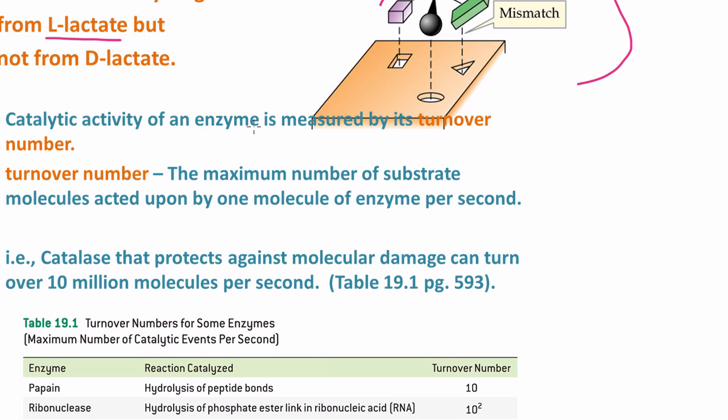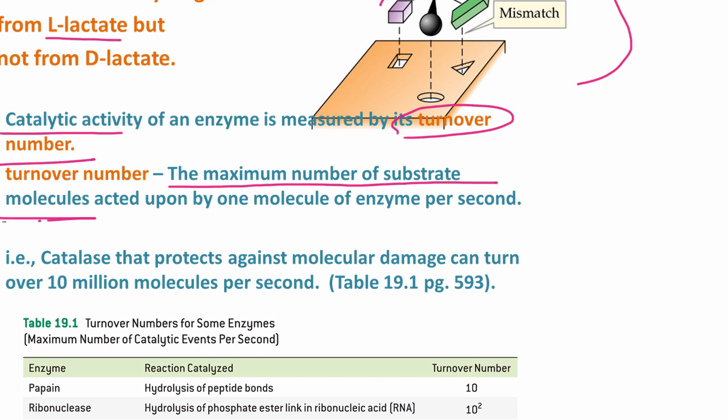We measure the catalytic activity of an enzyme by its turnover number. And the turnover number refers to the maximum number of substrate molecules that are acted upon by one molecule of enzyme per second. The number of substrate molecules that can be transformed, shall we say, by one molecule of enzyme per second.